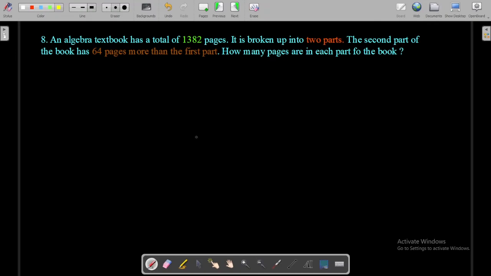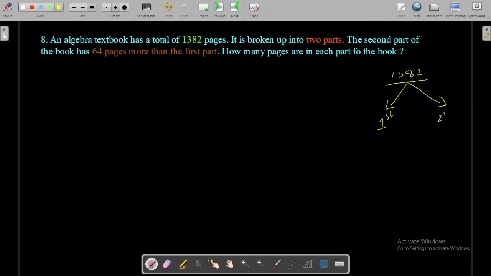So according to this problem, an algebra textbook has a total of 1382 pages. It is broken up into two parts. The second part of the book has more pages.